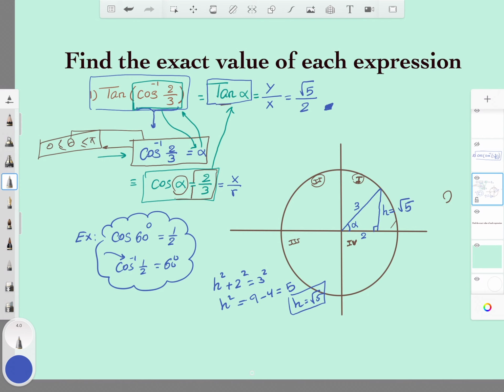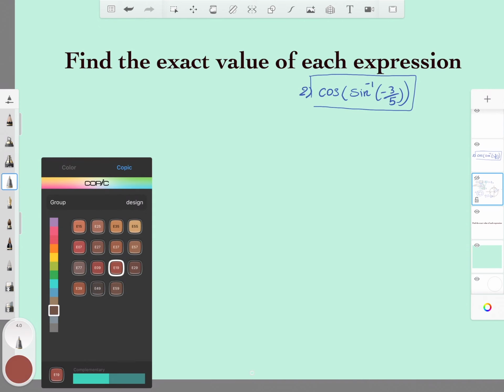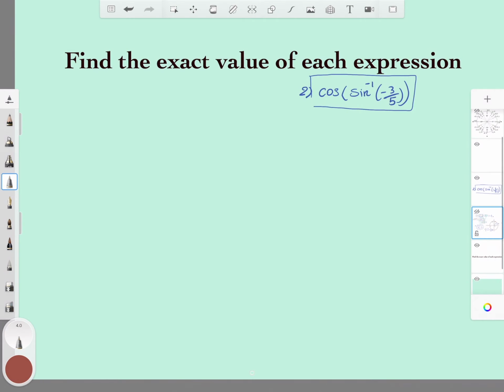Let's work on the second question. The main thing is inside of the parenthesis we need to call it alpha. Similar question, they're asking us what is cosine of sine inverse of negative 3 over 5. Inside of the parenthesis we have sine inverse of negative 3 over 5.